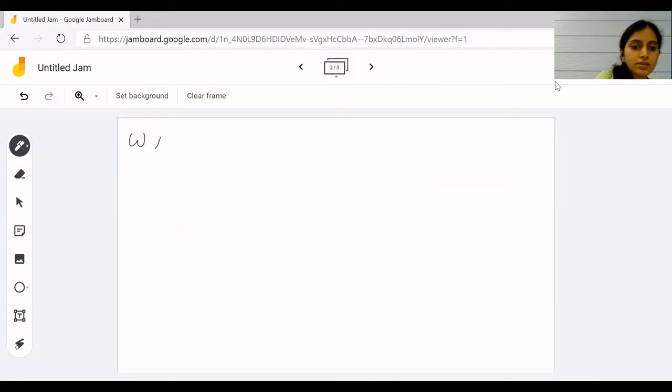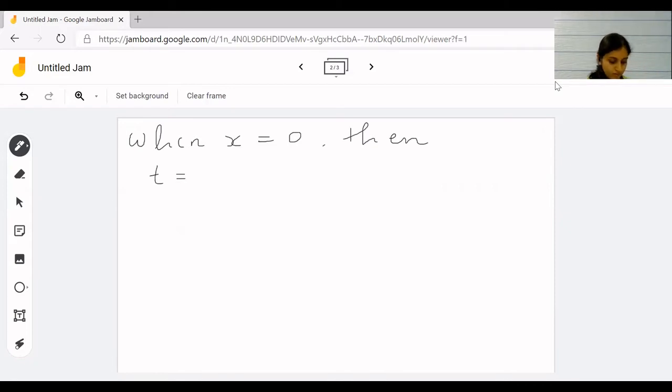We'll say when x is equal to 0, the lower limit, then t will be equal to cos of 0, that is 1.